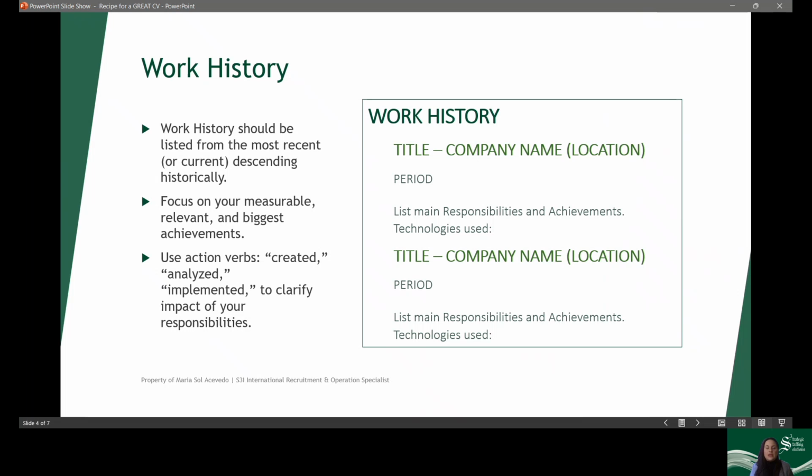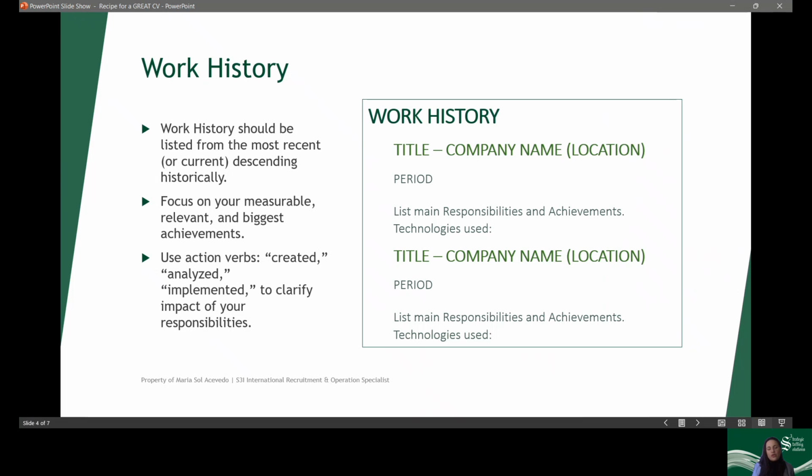So these are going to be like implemented, I created, I achieved this and that, I was able to. Make sure you can make very clear the impact of yourself for that position or in that project. So the recruiter or the person who sees your resume will understand how impactful you were.